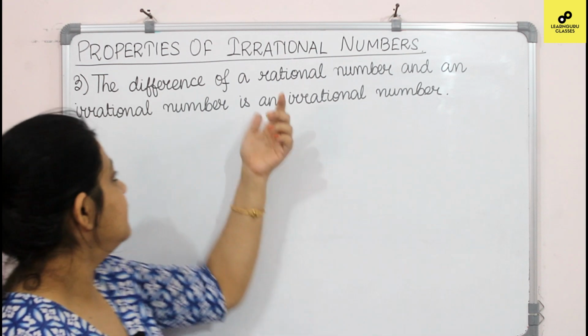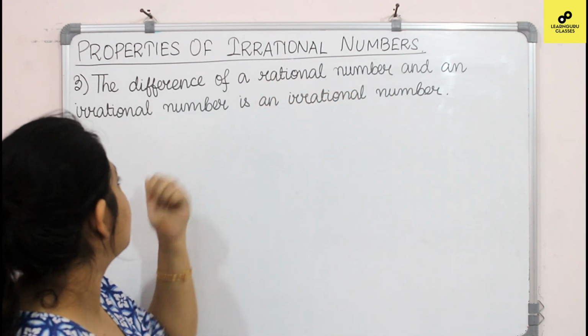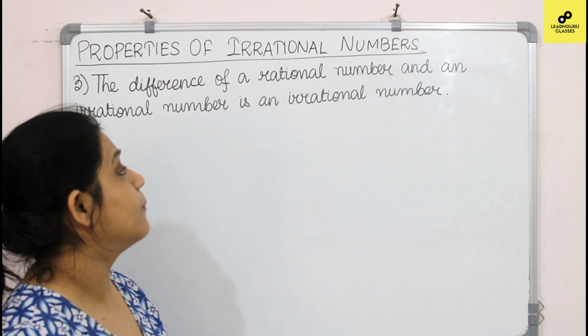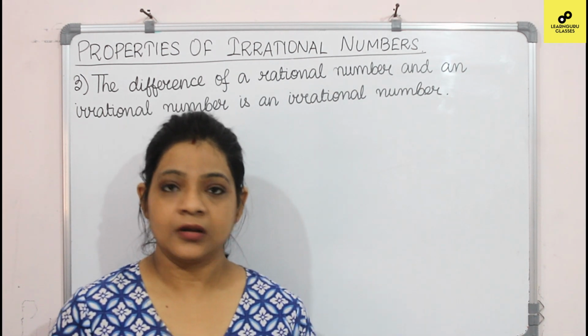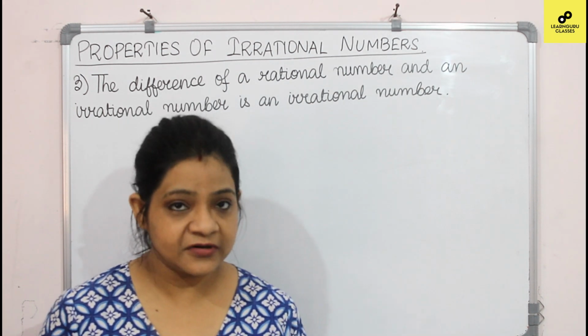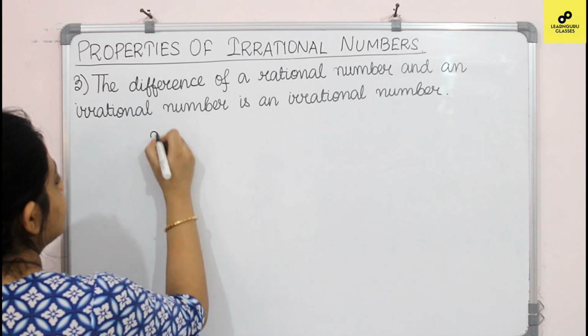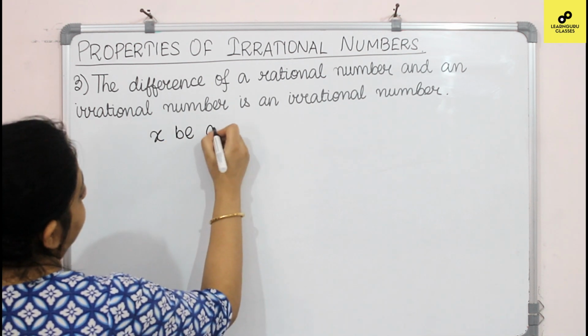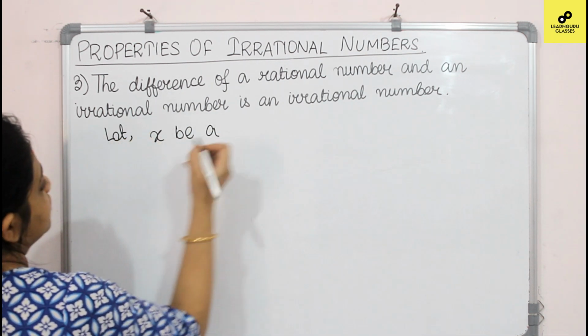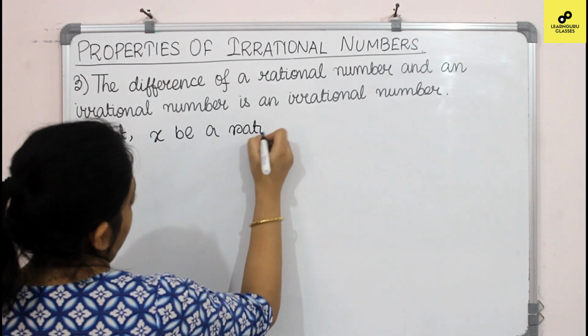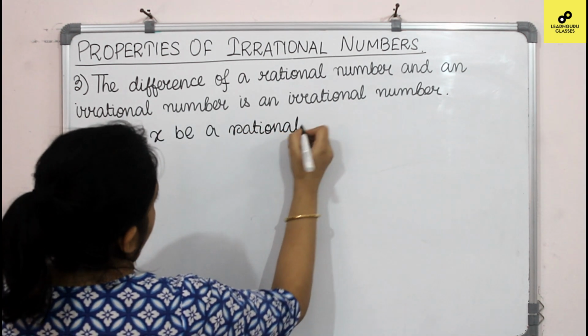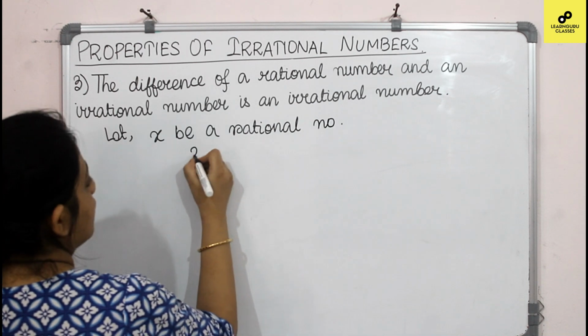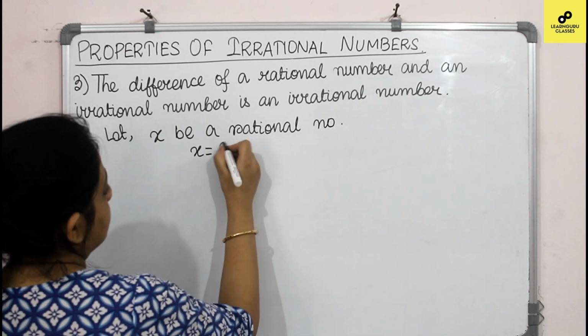The third statement is: the difference of a rational number and an irrational number is an irrational number. So this is just like the previous statement. Let x be a rational number. So let x be 3.